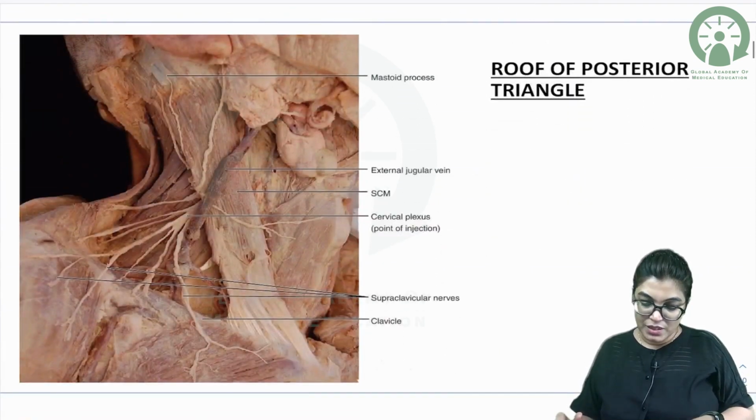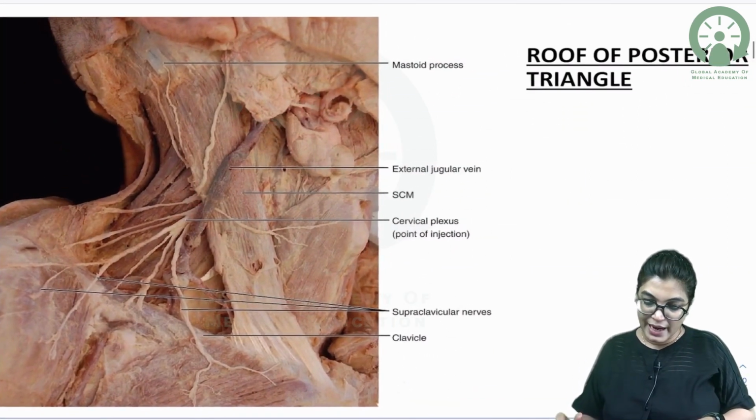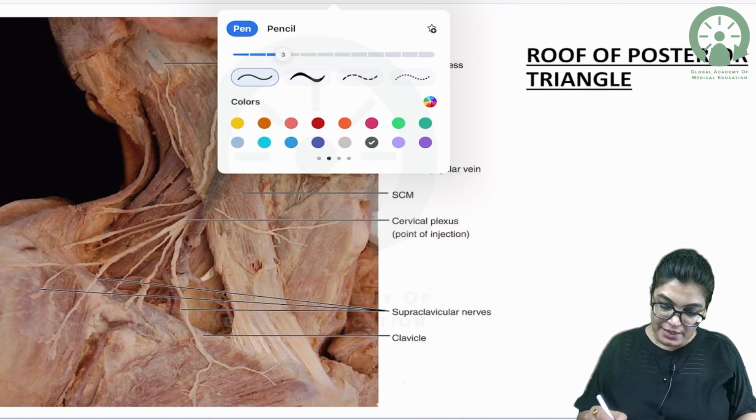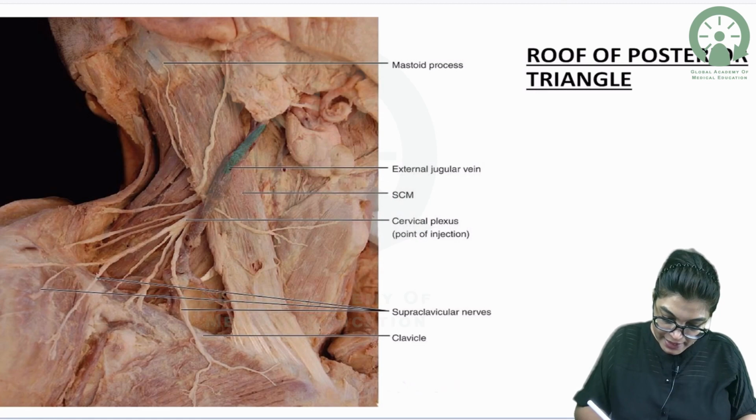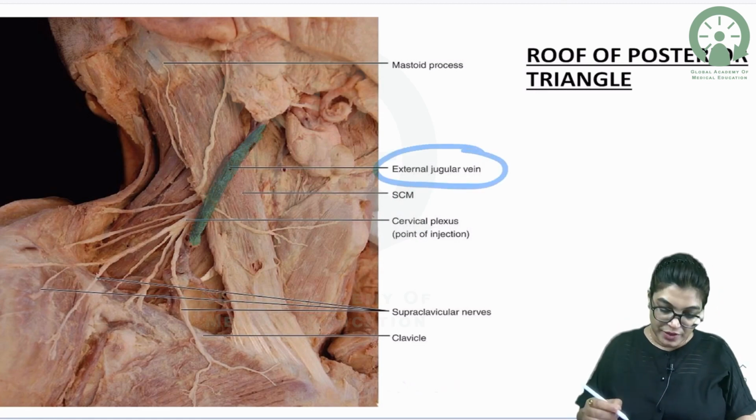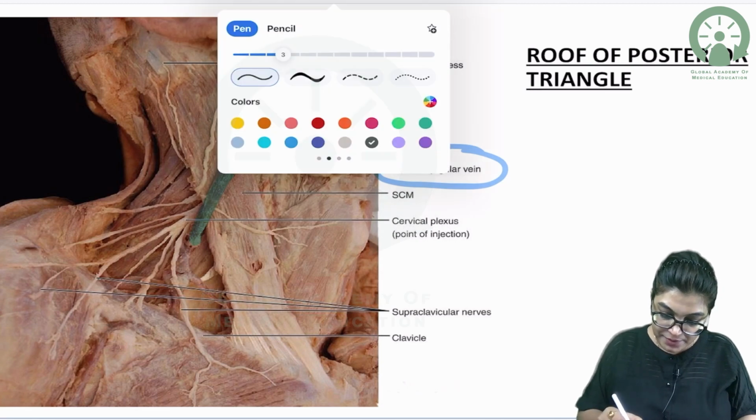So, see here, I just want you to see this cadaveric image. You can appreciate that the roof contains the external jugular vein. This is the roof content in the superficial fascia, and it also contains cutaneous nerves.